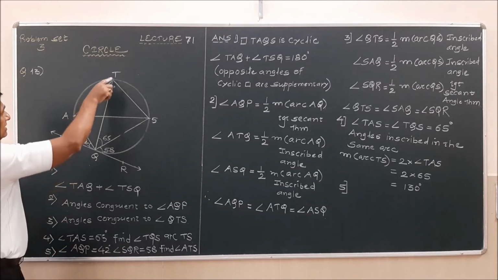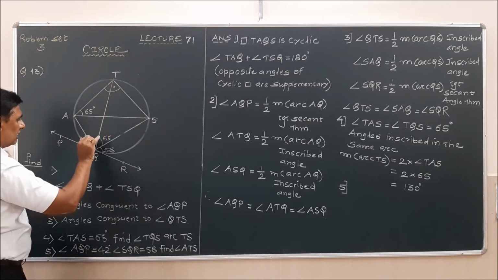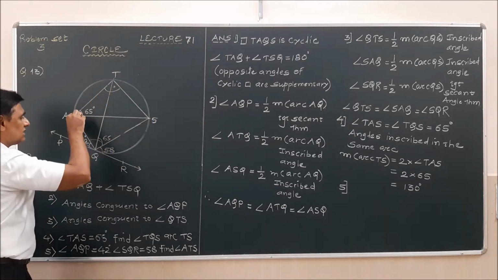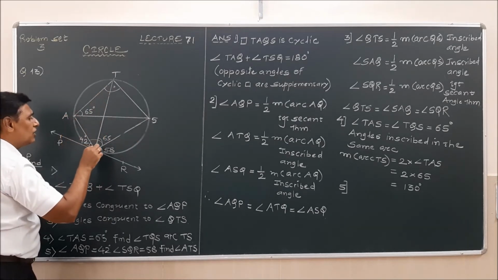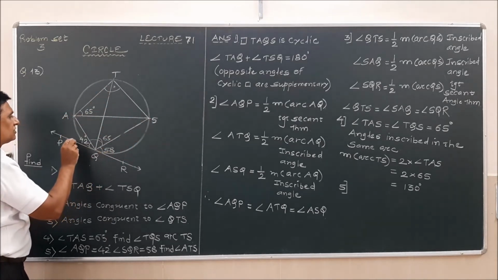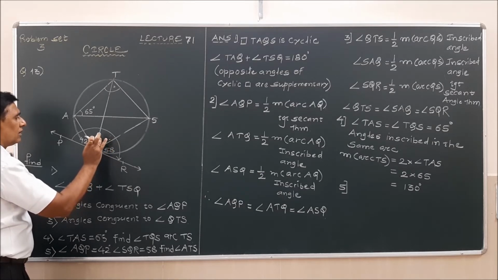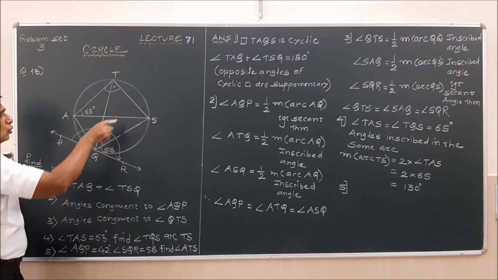To get angle ATS, you will find that angle ATS and this angle must be supplementary angles. Try to understand. Angle ATS and angle AQS are supplementary. Angle AQS, this total angle is 180. So first of all, I will find angle AQS.